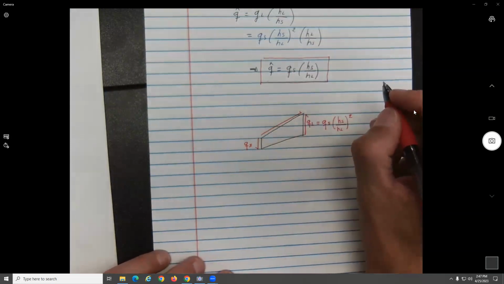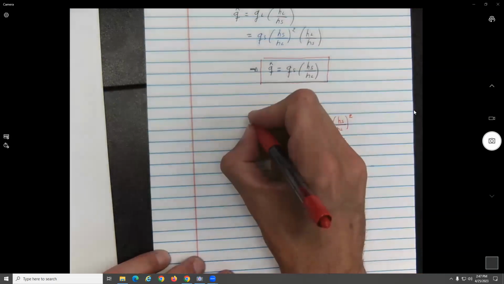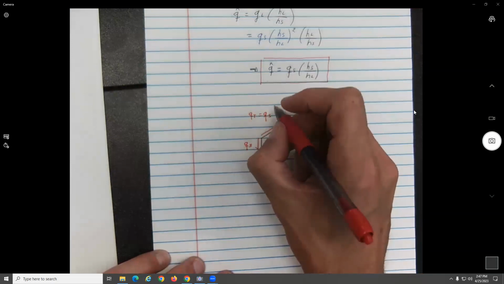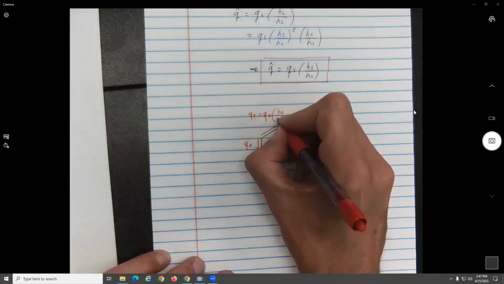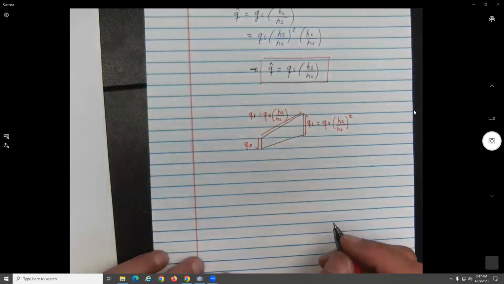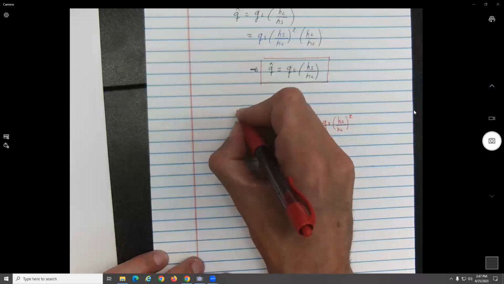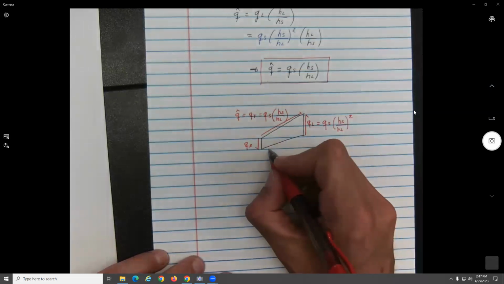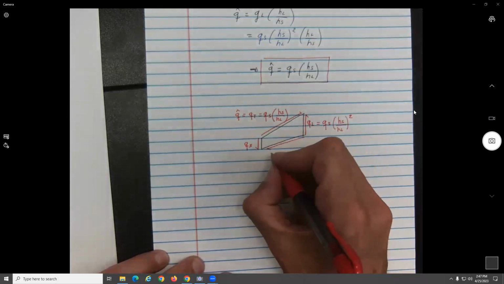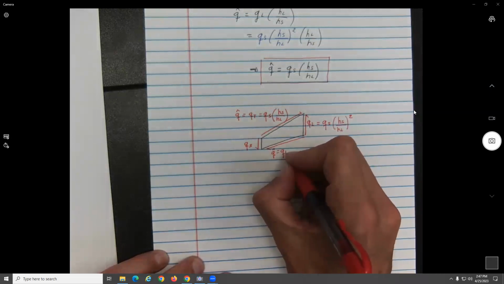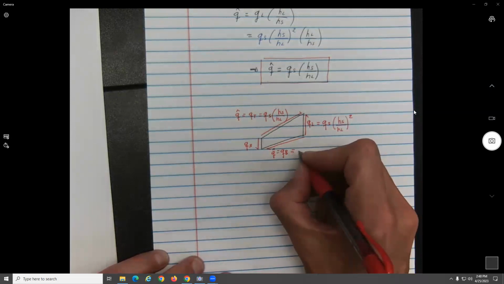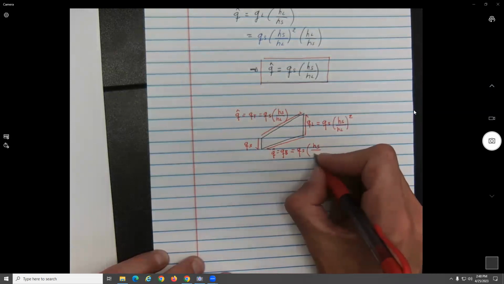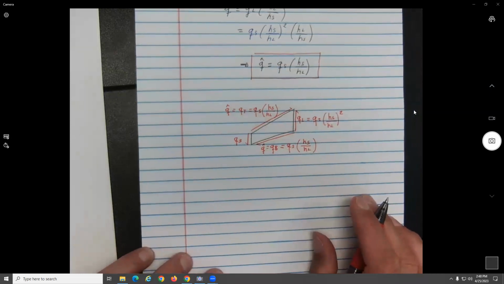So Q top will be equal to Q sub S, H sub S over H sub L, and this is also the Q. And then at the bottom, we have Q hat, equal to Q bottom, which will be equal to Q sub S, H sub S over H sub L.